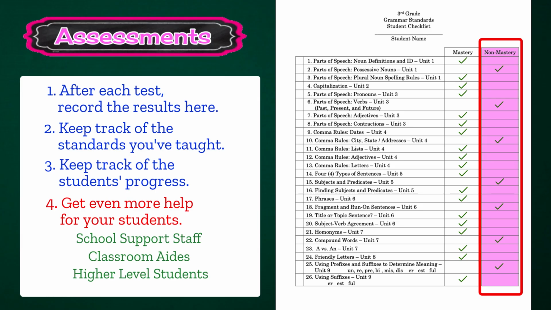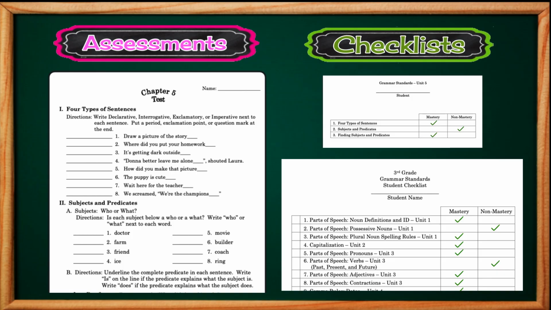This gives them something specific to use to help the students with their trouble areas. Many schools have resource teachers. We call them RSP teachers, who would love to have this information to help them set goals for the students and give them something to work on during their RSP time. There's so much you can do with the tests and checklists here besides just seeing how did they do on an exam and then just walking away.